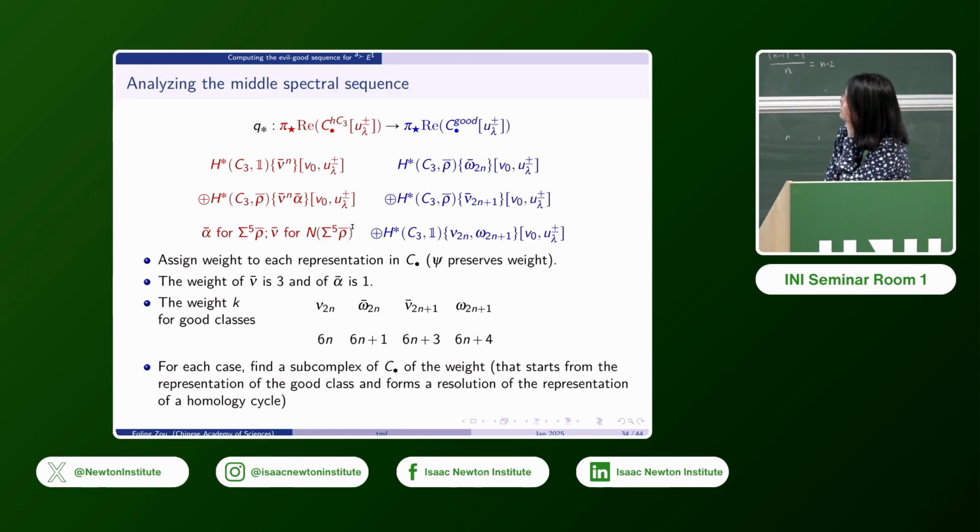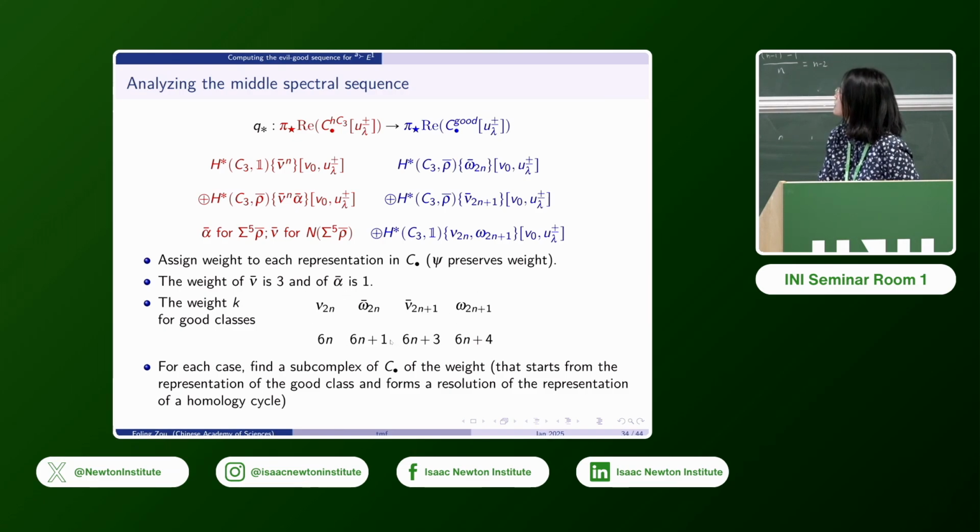So how do we figure this out? Well, we can assign some weight to each. It's getting technical, but I think that's one of the fun parts, so I'm going to elaborate a little bit. We can assign weights to each representation, and then we have weights for all these generators as well. So the weight of this V bar becomes 3, and the weight of alpha bar is 1, and we also get the weights of these elements on the right.